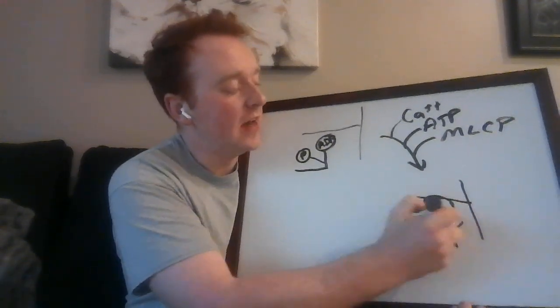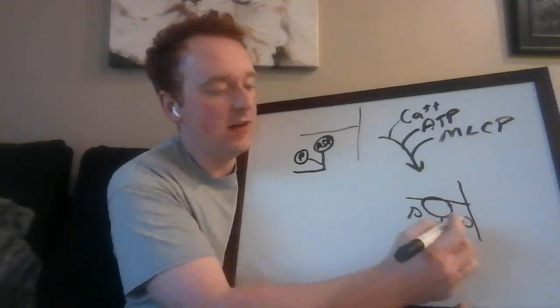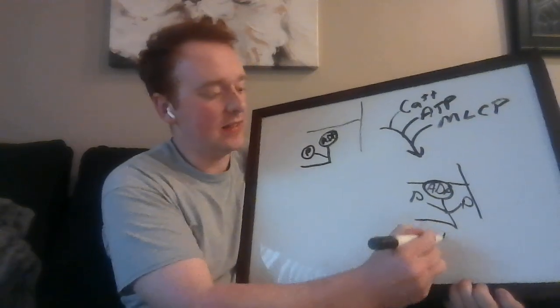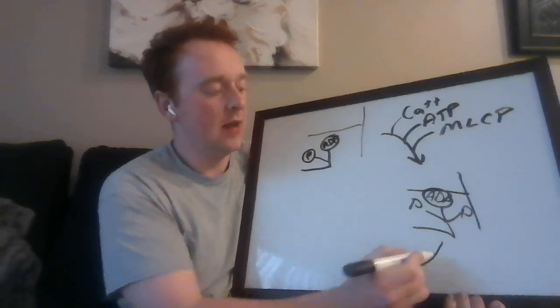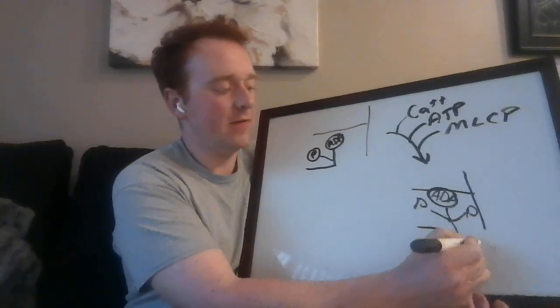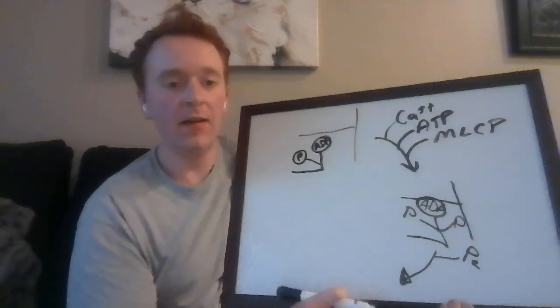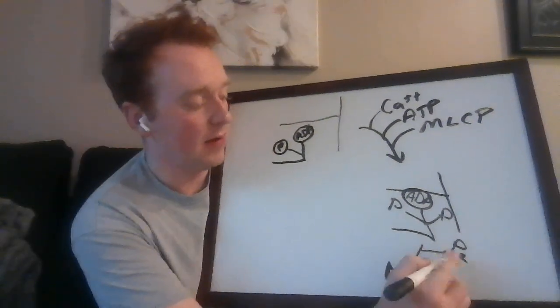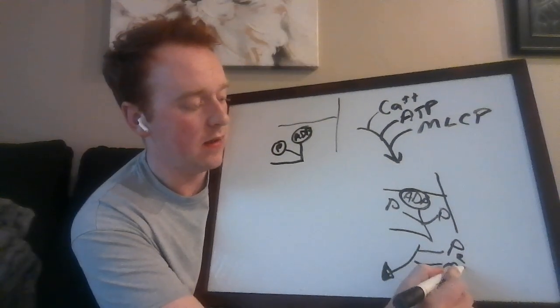There are 2 phosphates added now. Phosphate, still ADP. And then the next step is a little more complicated. There are 2 phosphates that leave. So phosphate 2 leaves, and then ADP leaves the myosin head.